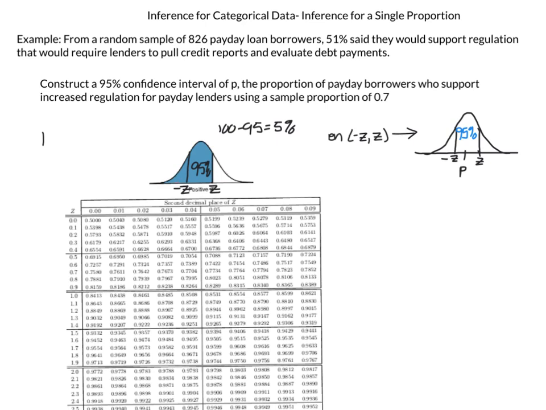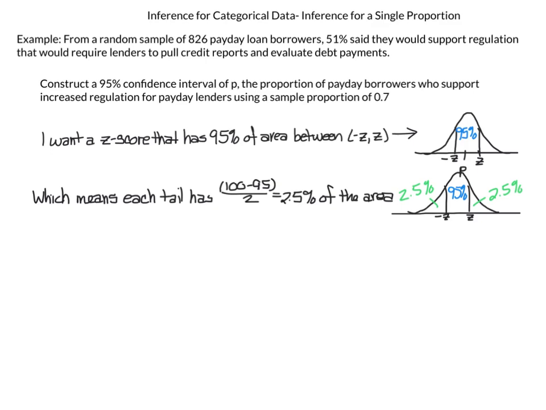Because of symmetry, each of our two tails is equal to 5 over 2, which is 2.5%. So each tail has 2.5% of the area under the entire curve.